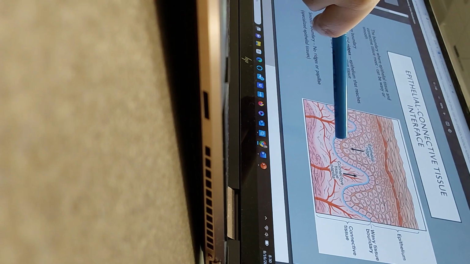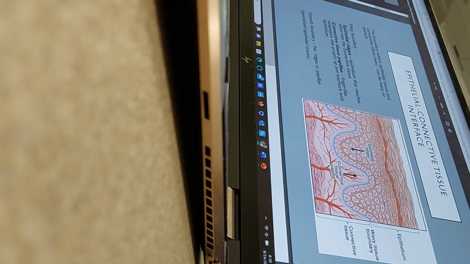So it's kind of like, this is the epithelial tissue, these are the epithelial ridges, right? And then these are the connective tissue papilla that come in and they fit together, okay? So connective tissue papilla comes from the connective tissue and reaches into the epithelial tissue. Epithelial ridge juts out and reaches into the connective tissue. Does that make sense? It's like a little puzzle.